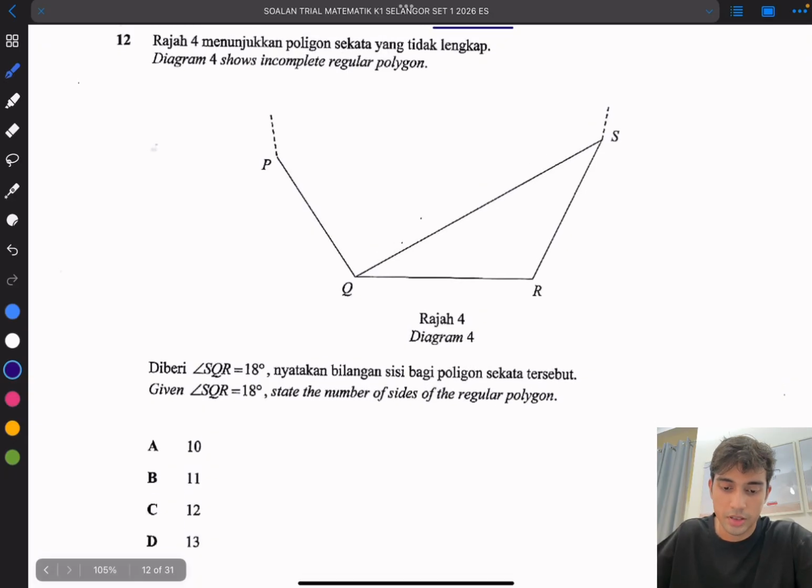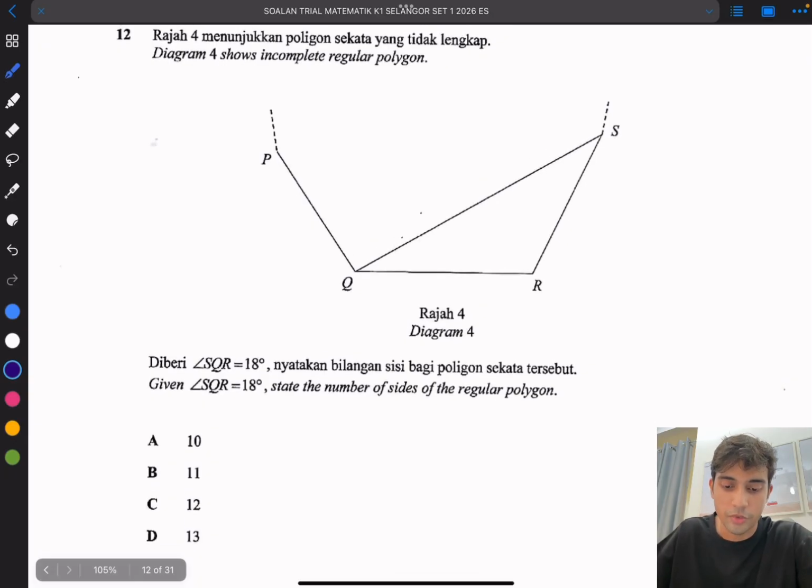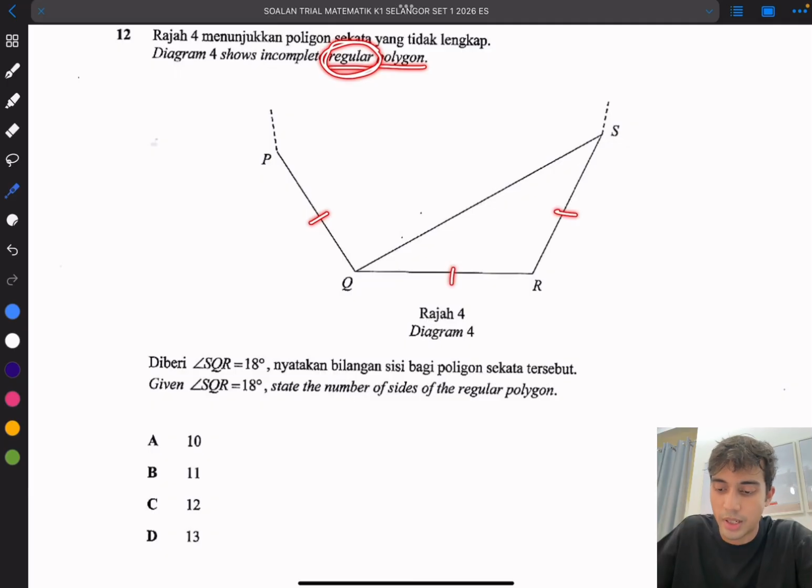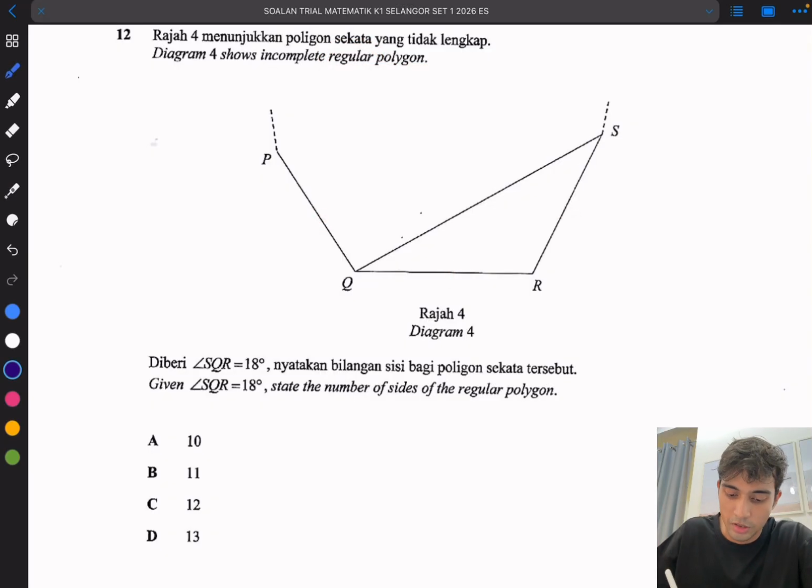Alright, question 12. Diagram 4 shows an incomplete regular polygon. A regular polygon means all sides are the same length in the polygon. So they said SQR is 18 degrees. SQR is here.